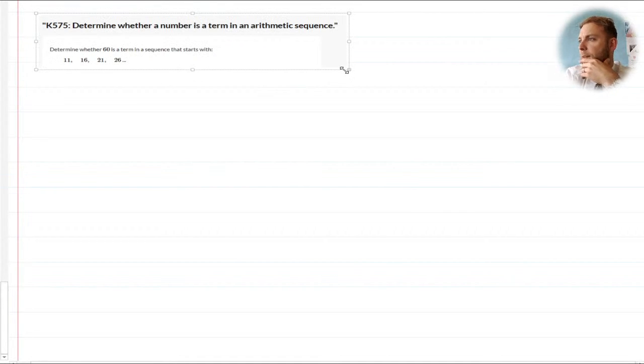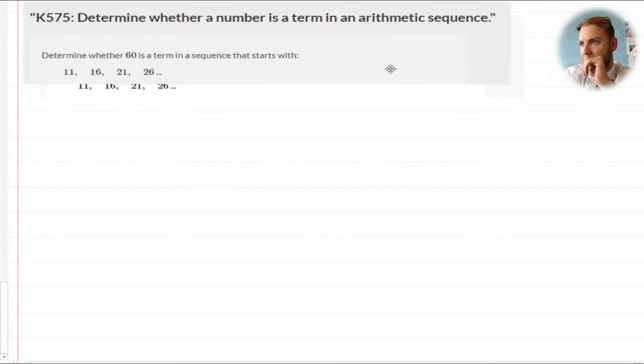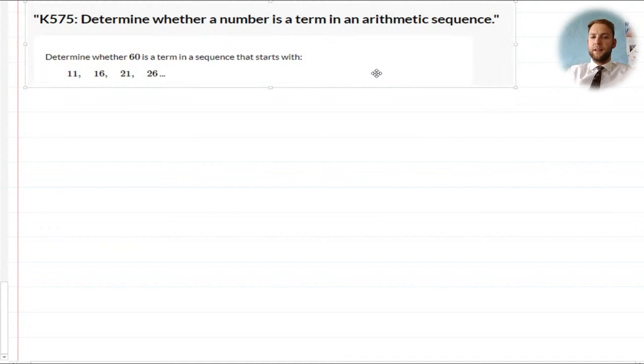Let's have a look at this one here. Is this in the sequence or not? So just get that one down for me. Determine whether a number is in the sequence. Determine whether 60 is in the sequence.